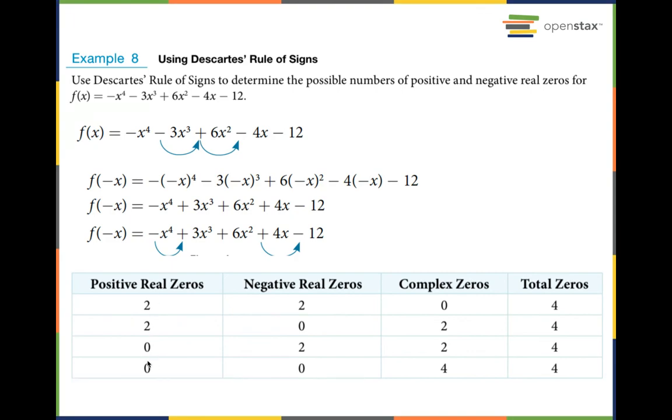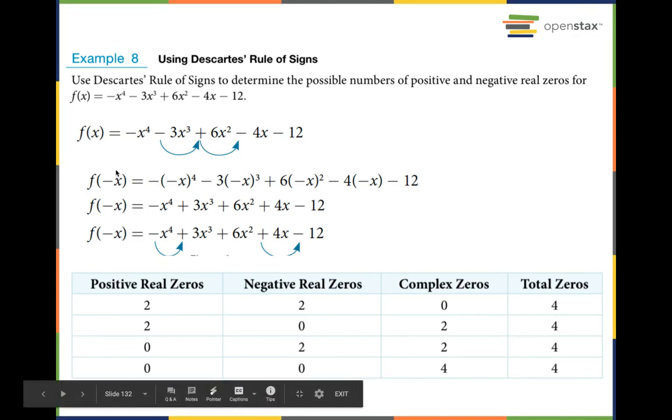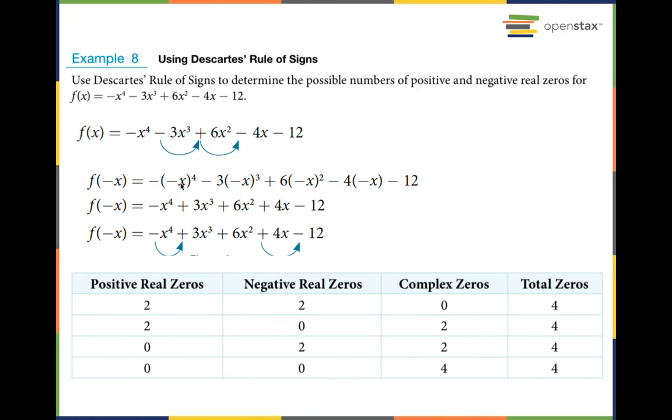All right, now let's look at f of negative x. This takes a little more work because you have to plug a negative x in. Negative x to an even power is just x to the fourth. Negative x to an odd power, like negative x cubed, changes the sign. This doesn't change the sign. This does change the sign. That doesn't.